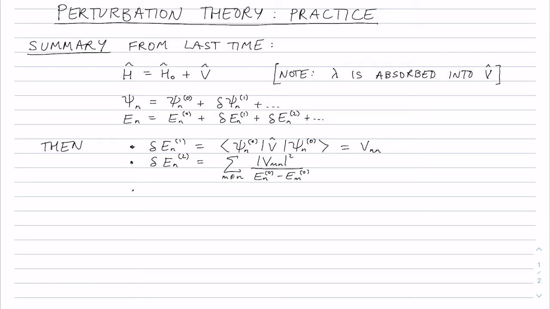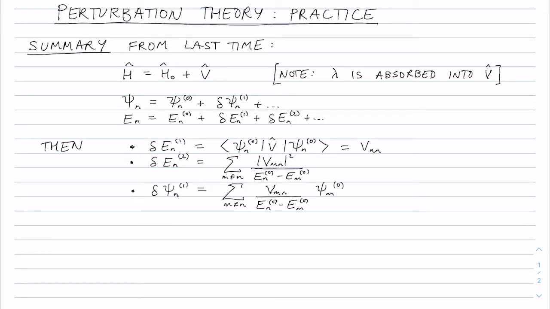And we have the first order correction to the wave function, which is the sum over states Vmn over En naught minus Em naught times psi m naught.